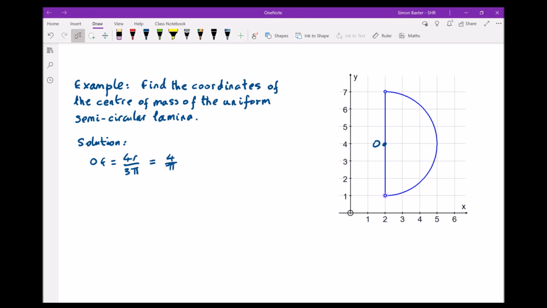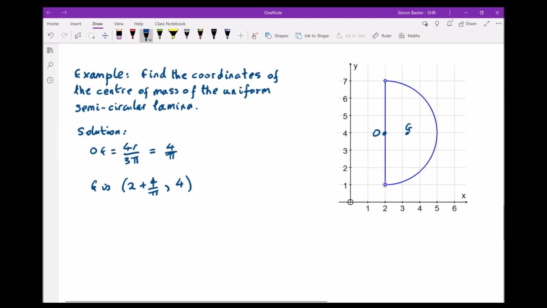So G is here, where the distance OG is 4 over pi. So G's x coordinate will be 2 plus 4 over pi. And the y coordinate will be 4. Quite easy.